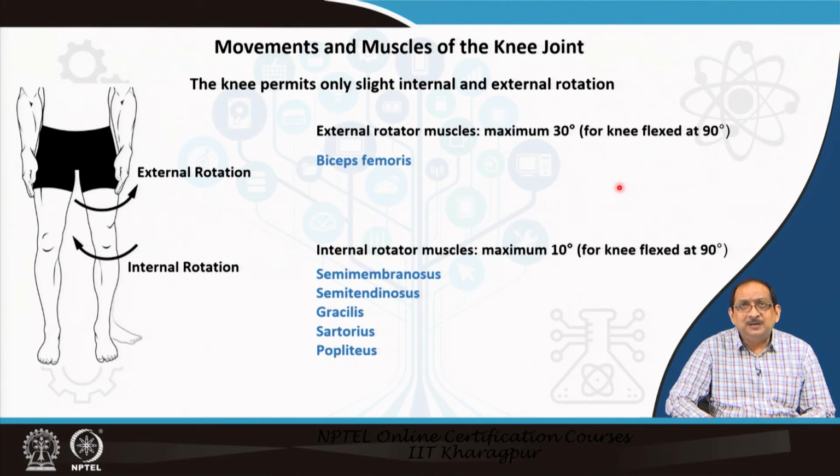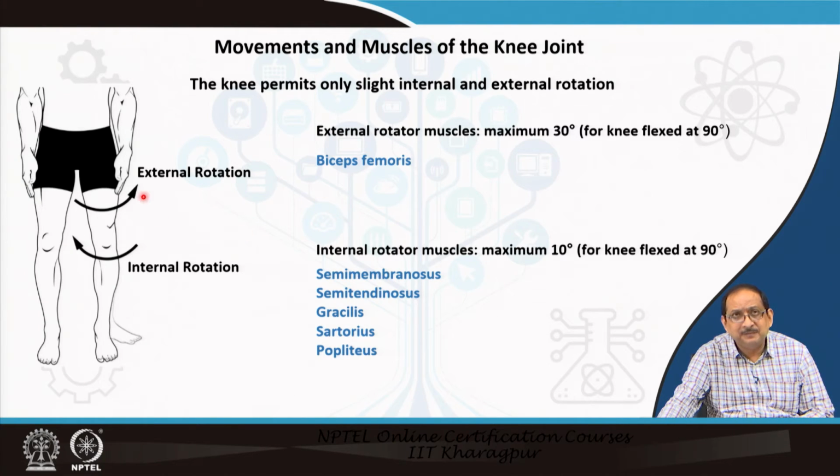As indicated earlier, the knee permits only slight internal and external rotation as indicated in the figure. The external rotator muscle is the biceps femoris, and the maximum degree of rotation that can be obtained is 30 degrees for a particular position of the knee flexed at 90 degrees.